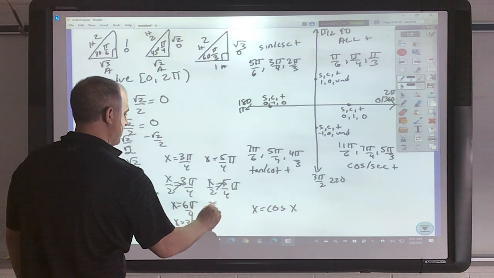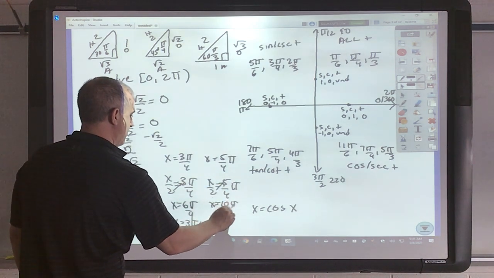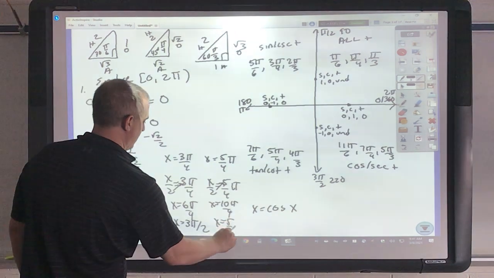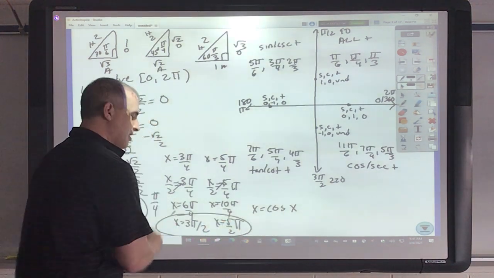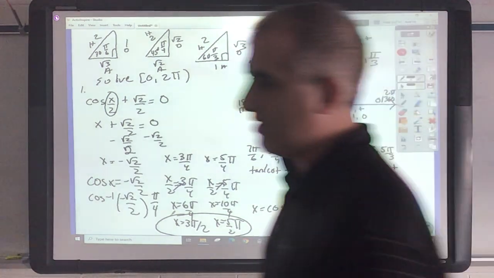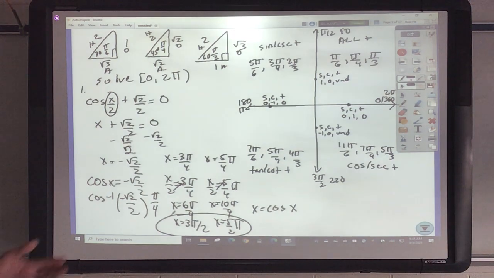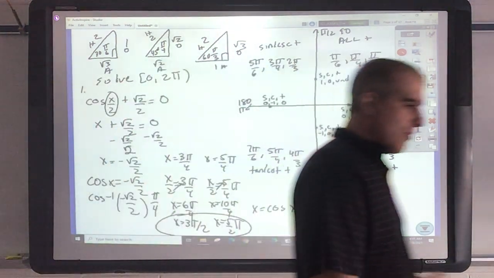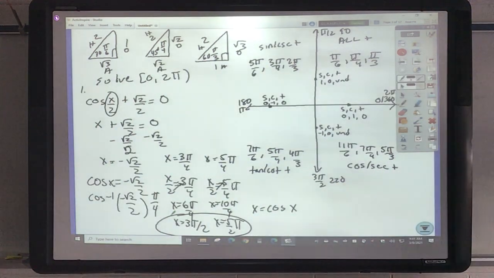I cross multiply there, that's x equals 10 pi over 4, or x equals 5/2 pi, okay? So the double angle there really didn't have a major effect for us, other than the concept that at the end, we just had to basically cross multiply and solve, okay?